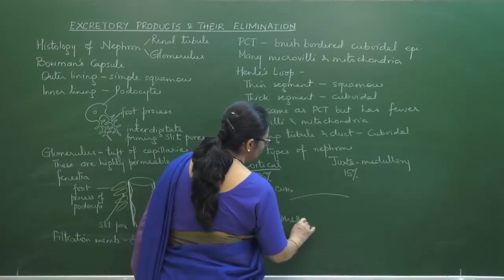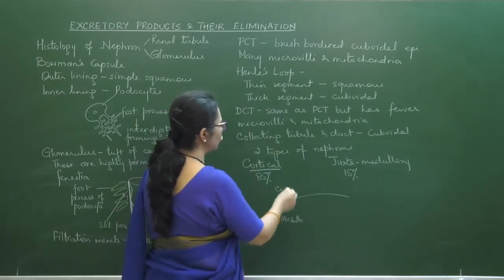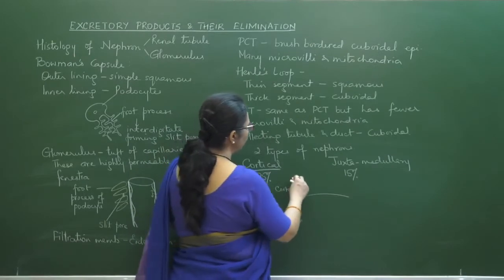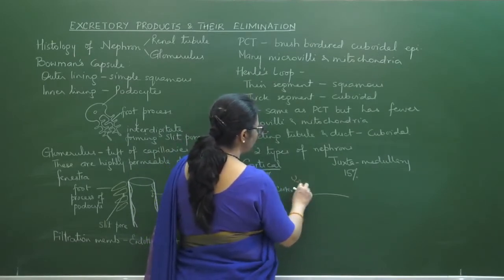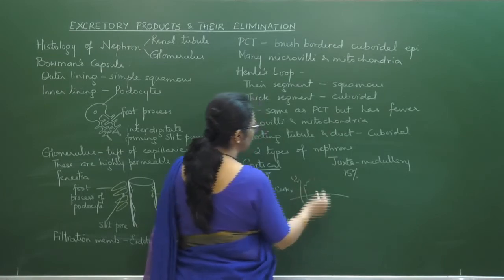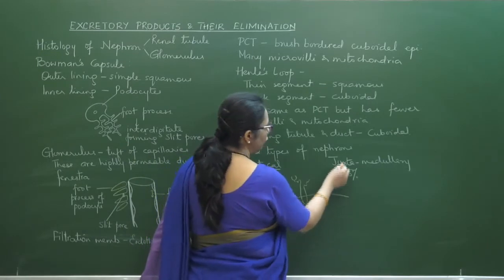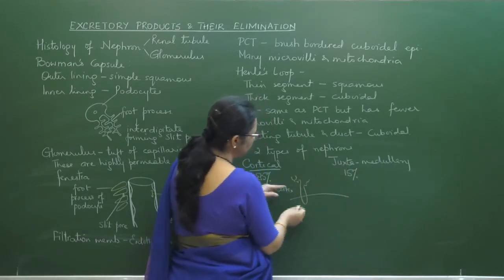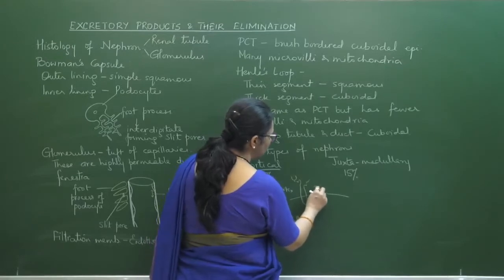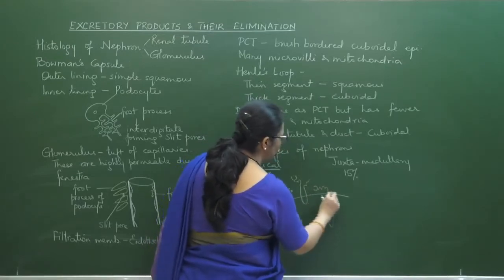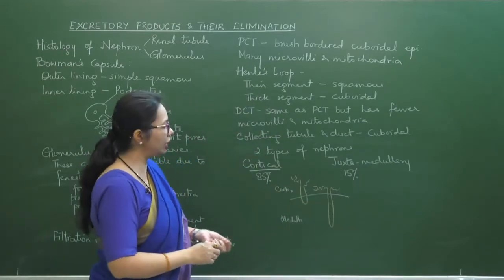The cortical nephron is smaller because the loop of Henle is short. So its major part is lying in the cortex. It is not that it is not going into the medulla, but very little part will be going into the medulla. While juxtamedullary, juxta means junction. So it starts at the junction of cortex and medulla and it has a much longer loop of Henle, which is going deeper into the medulla. So that is one basic difference.